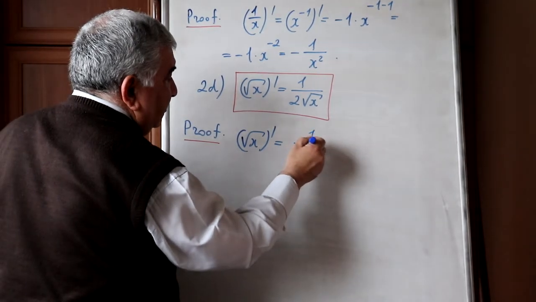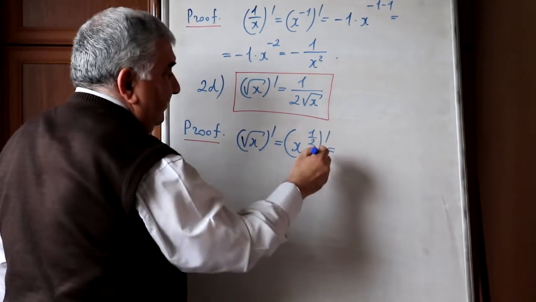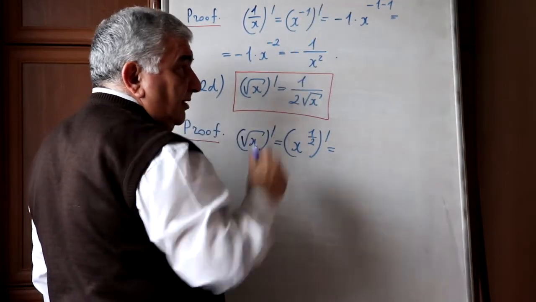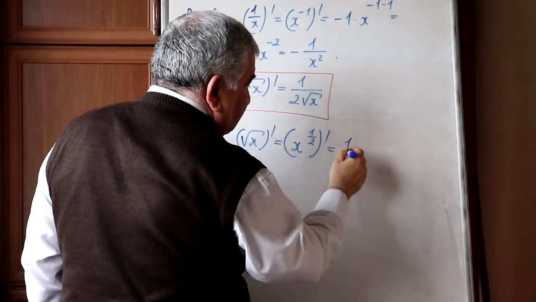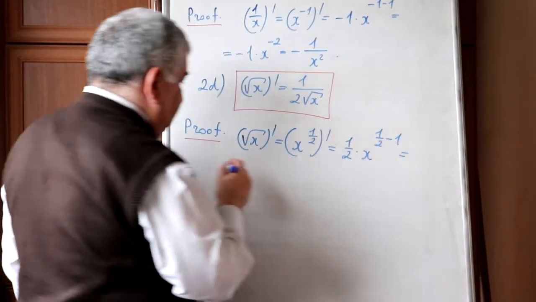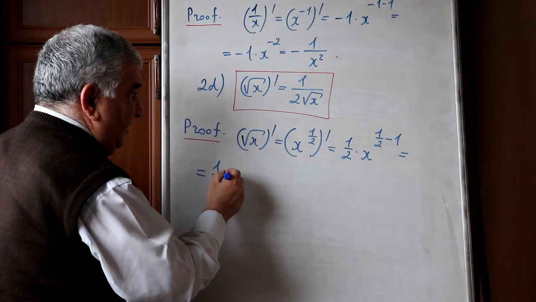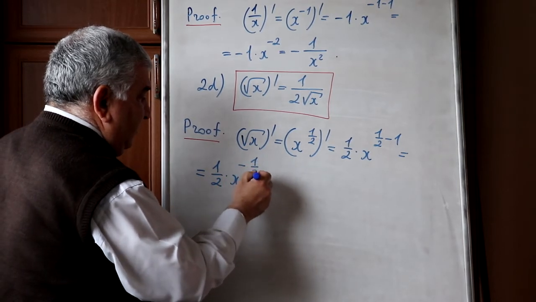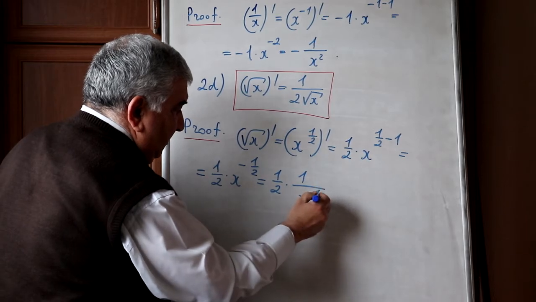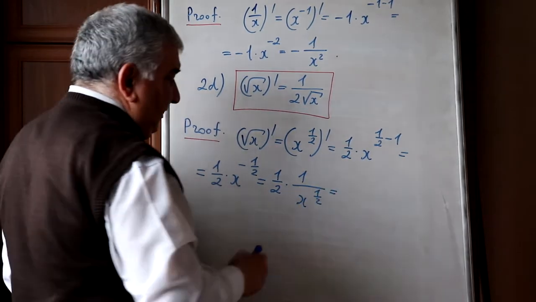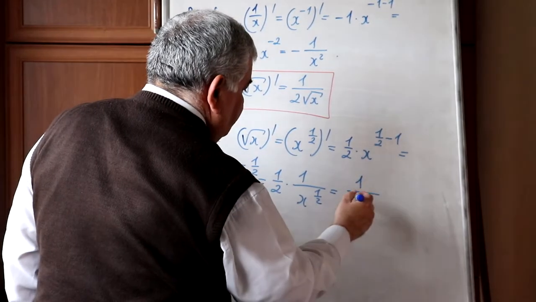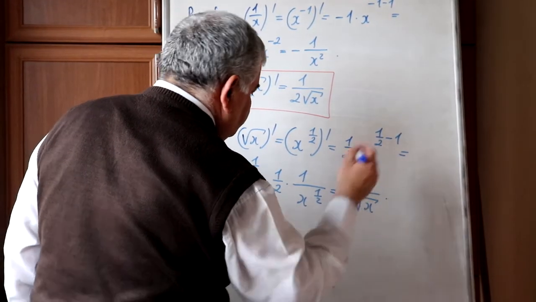X raised to 1 second, then substitute 1 second instead of n in the general formula. 1 second multiplied by x to 1 second minus 1 equals 1 second multiplied by x raised to minus 1 second equals 1 second multiplied by 1 over x to 1 second, and then we'll obtain 1 over 2 square root of x.